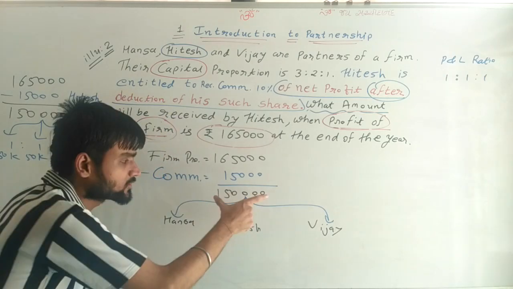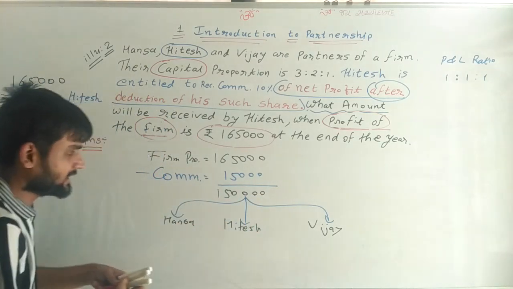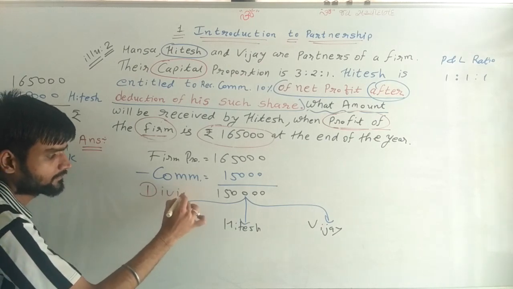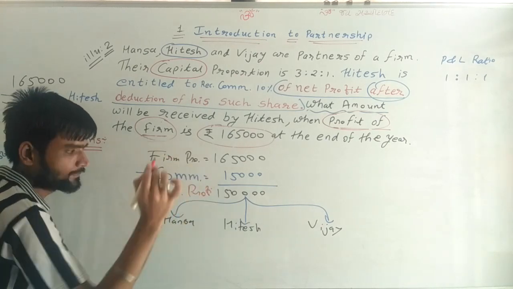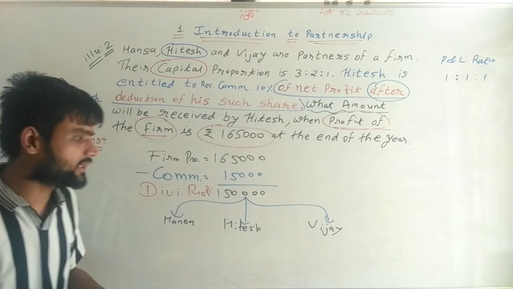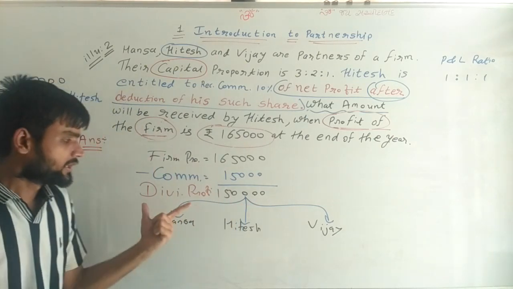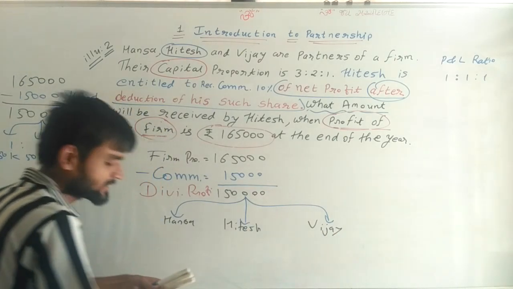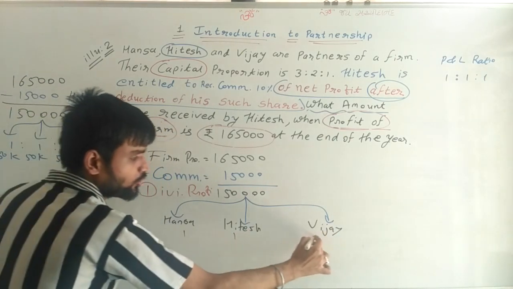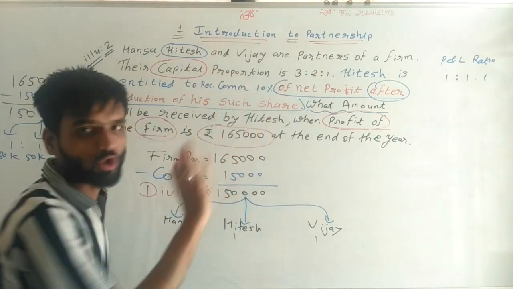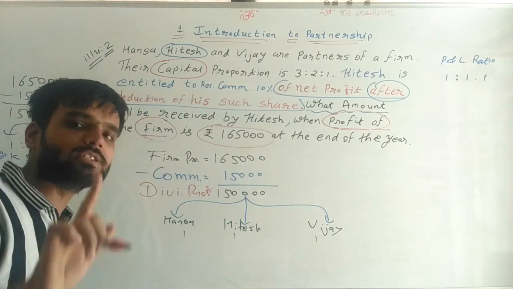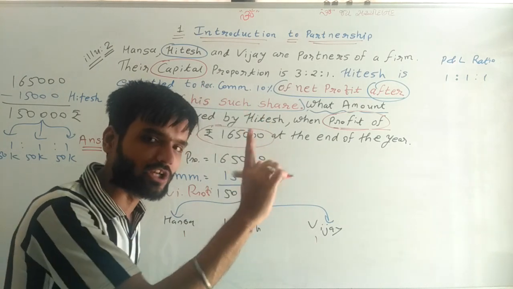That's why this 1,50,000 is called divisible profit, and it is distributed among the partners in their P&L ratio. Here the P&L ratio is not available, the capital ratio is available, that cannot be used. P&L ratio is equal as per the Partnership Act 1932.